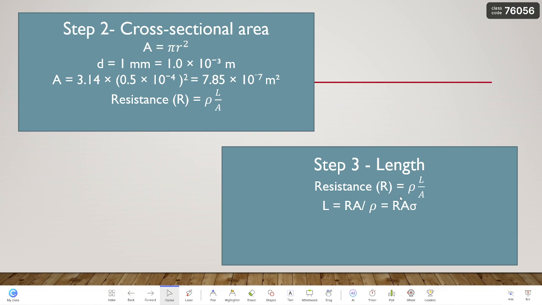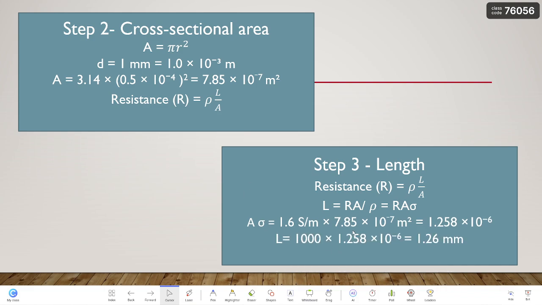We already computed conductivity. We already computed area. We know from our example the resistance is 1 kilo ohm. Let's solve it for the length. So we find out the silicon rod needs to be about 1.26 millimeter to have a resistance of 1 kilo ohm.